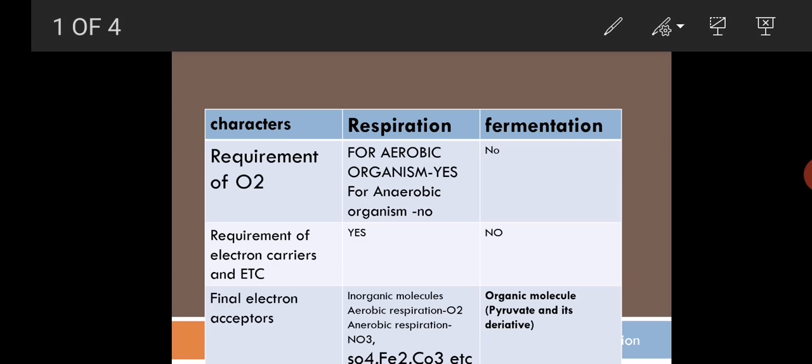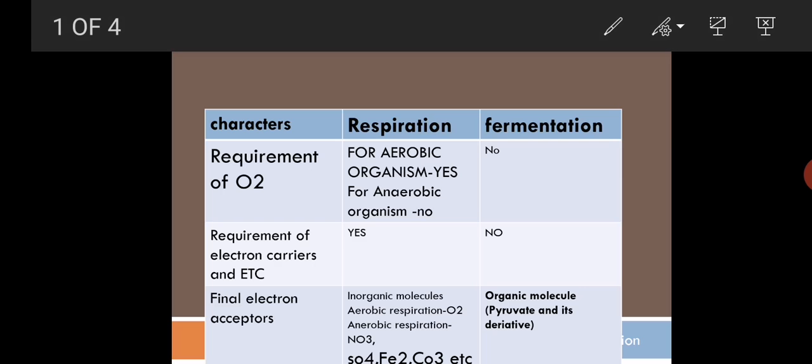For anaerobic organisms, there is no requirement of oxygen. So aerobic organisms need oxygen for respiration, whereas for anaerobic organisms there is no need of oxygen at all. But in fermentation, there is strictly no requirement of oxygen.